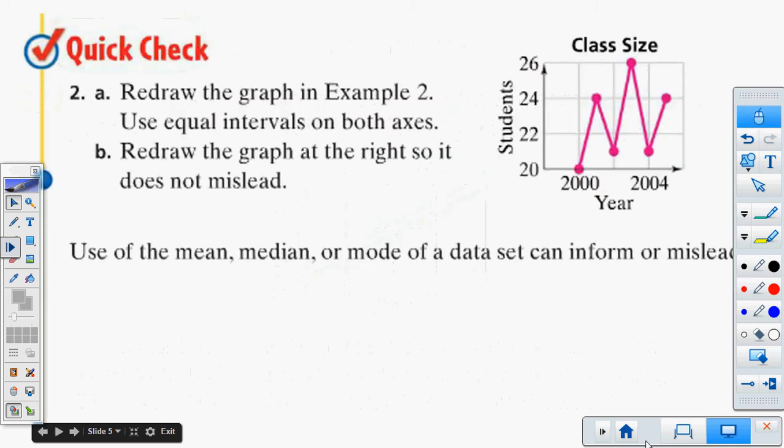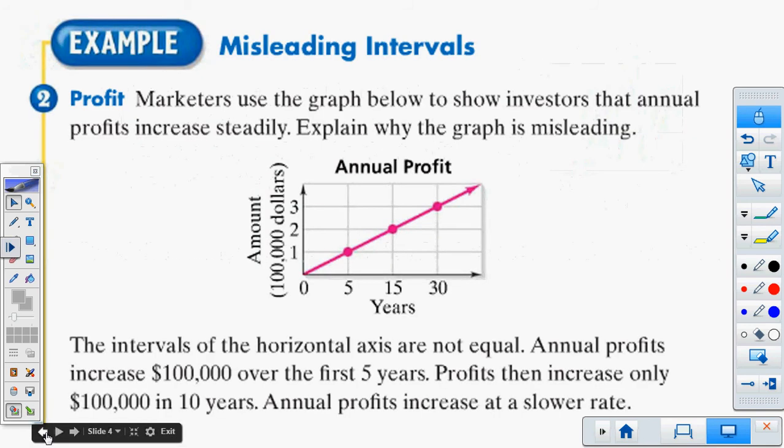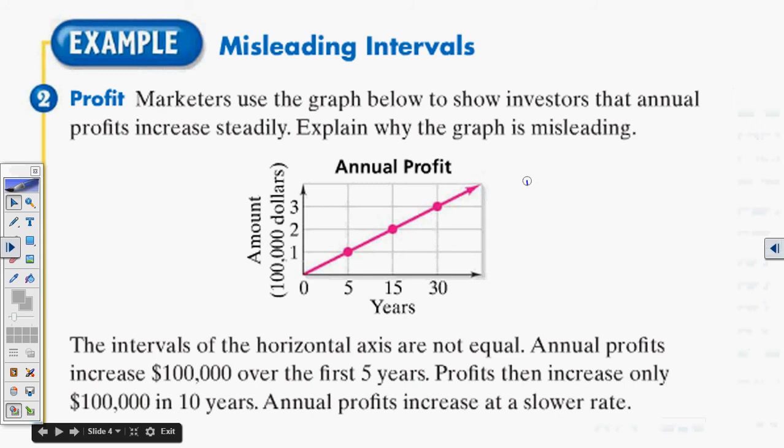It says, redraw the graph in example 2 and use even intervals. So jot this down, redraw it, and use even intervals. If I were to do this correctly, down here we can still use 1, 2, and 3 because those are even. They're going up by the same amount each time.